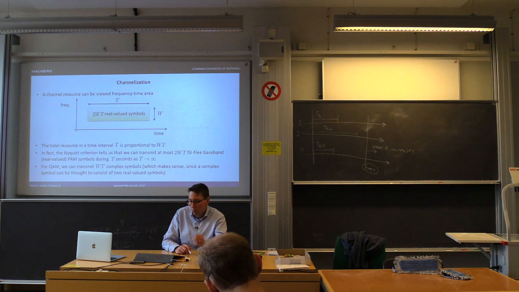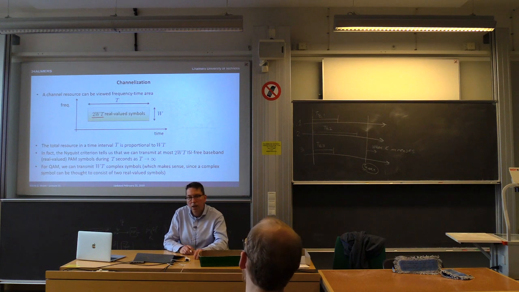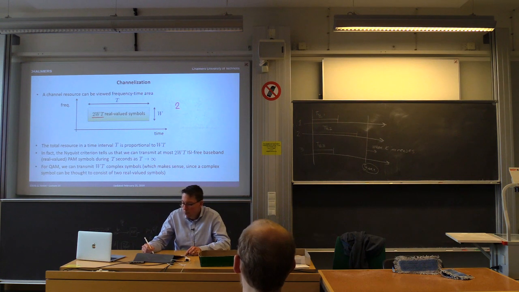And I claim, without much of a proof, that inside such an area we can communicate a number of real-valued symbols without inter-symbol interference. Basically it's twice the product of the bandwidth and the time at our disposal. So the more time, the more symbols we can transmit. The more bandwidth, the more symbols we can transmit.